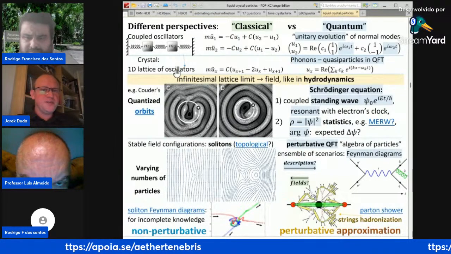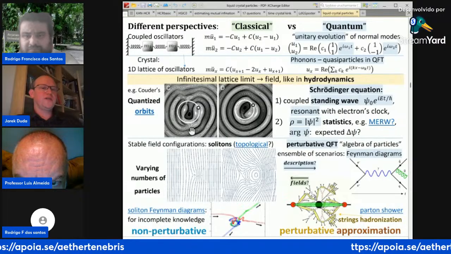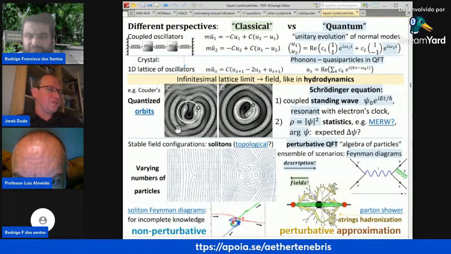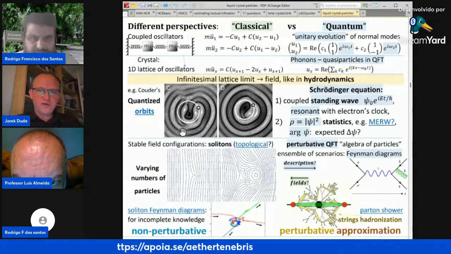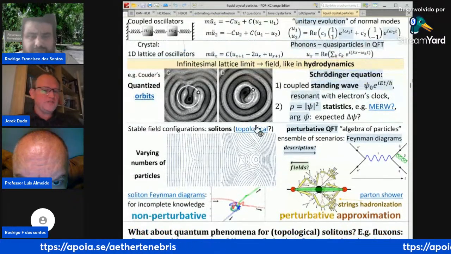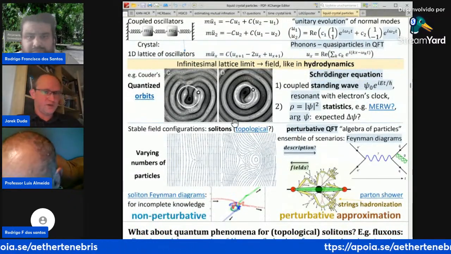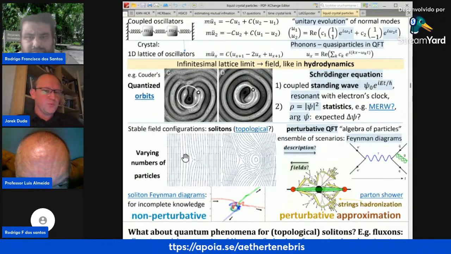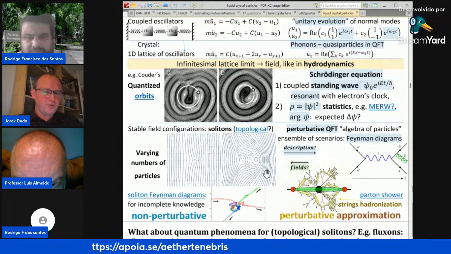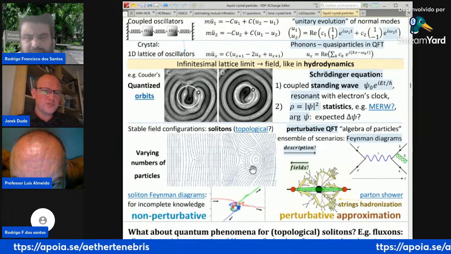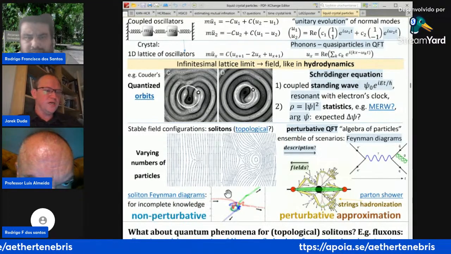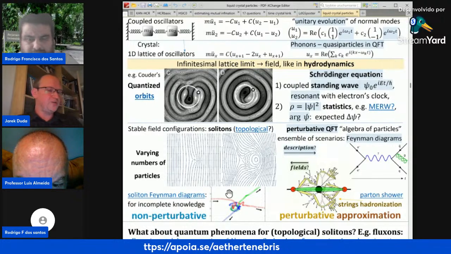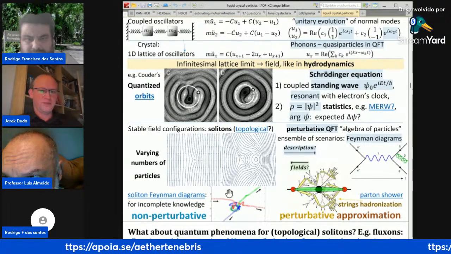Then in this infinitesimal limit, as mentioned, we also get quantized orbits, for example, in this bouncing droplet, because this pilot wave has to become a standing wave. And finally, we need this varying number of particles in quantum field theories, and in soliton models we get it. We have 0 particles here, and now there is positive topological charge and negative topological charge. Through a continuous process, we can create electron-positron pairs, for example.